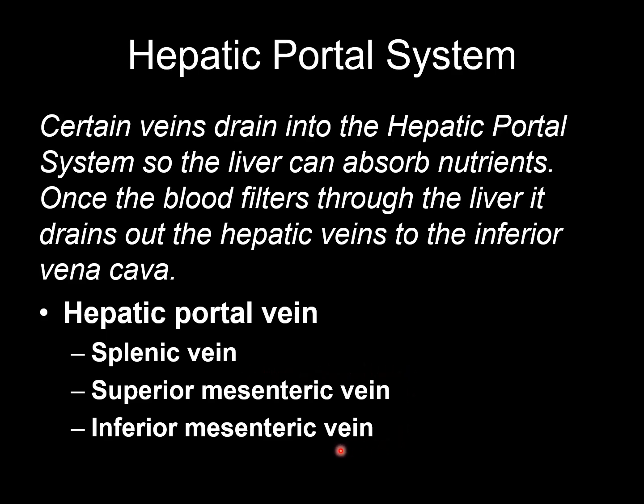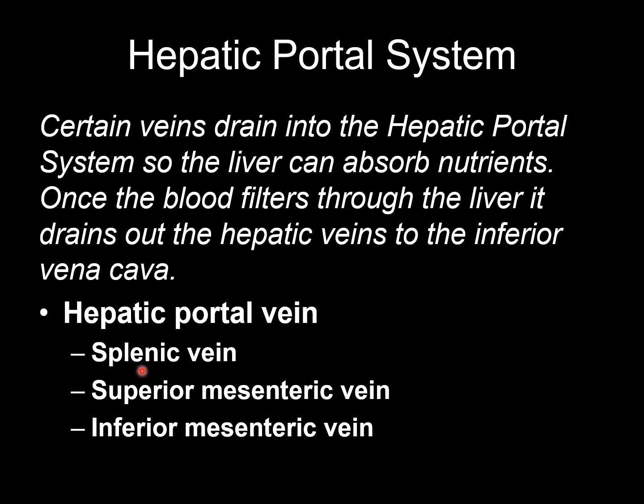So we have both the inferior and superior mesenteric veins because they're draining all that blood from the intestines. What our intestines do is pick up all the nutrients from the food we just ate, and we don't want to waste all those nutrients, so we want to take it to the liver for processing. So those two are definitely going to drain into the hepatic portal vein.